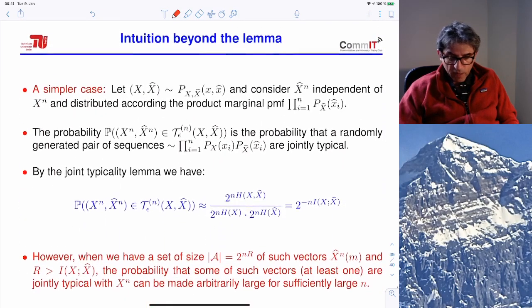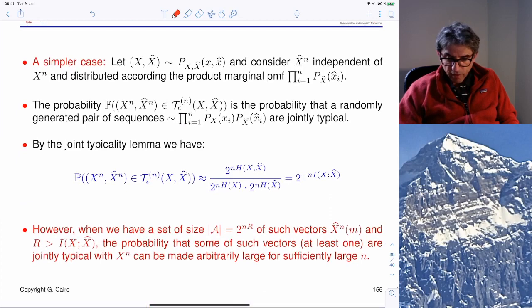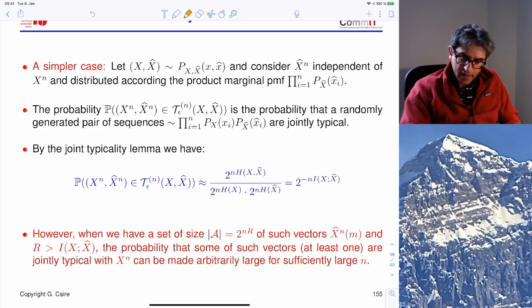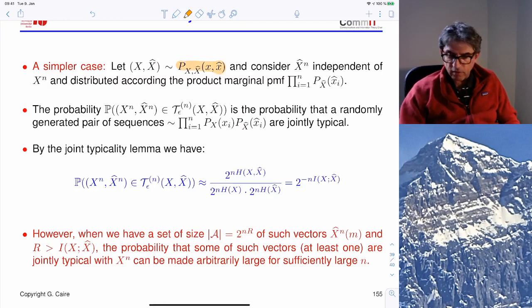So the intuition behind the lemma is very similar as before. Forget about u for a second. Let's make it simpler. Let's have only x and x hat, right? x and x hat are distributed according to a given joint distribution. And now we generate x hat according to its own marginal distribution.